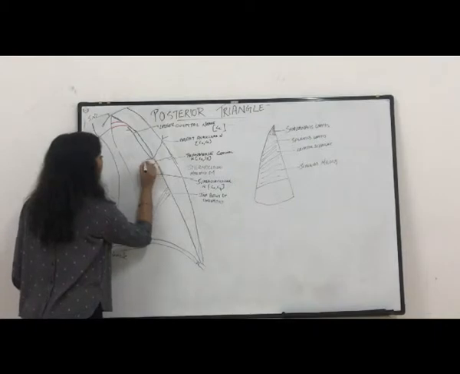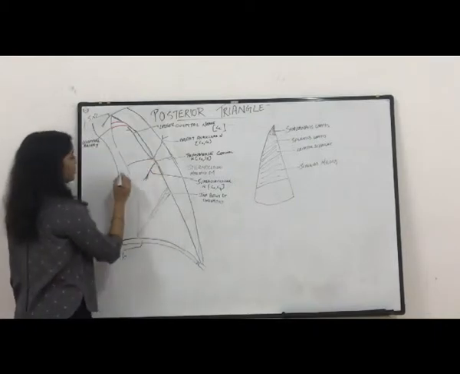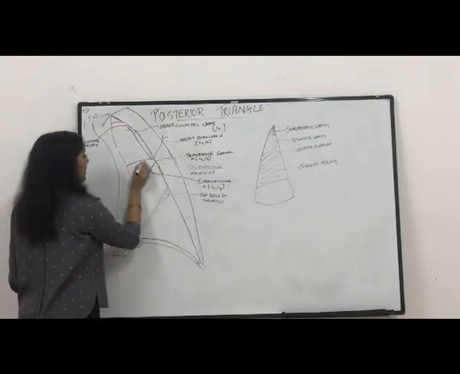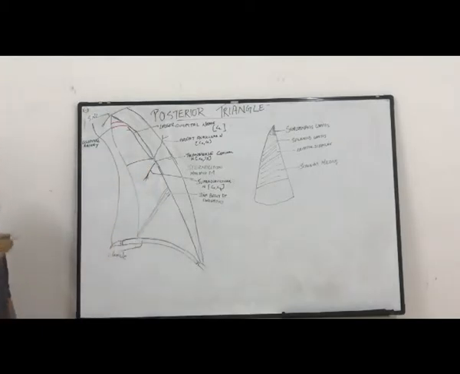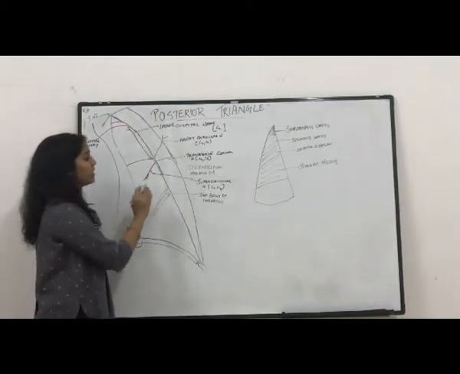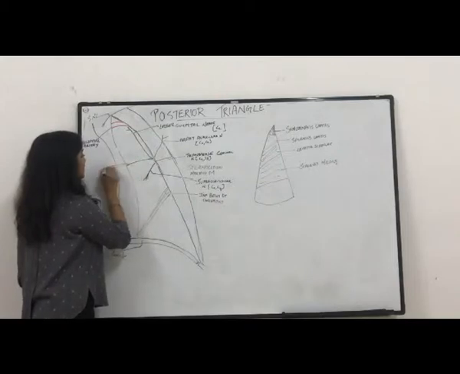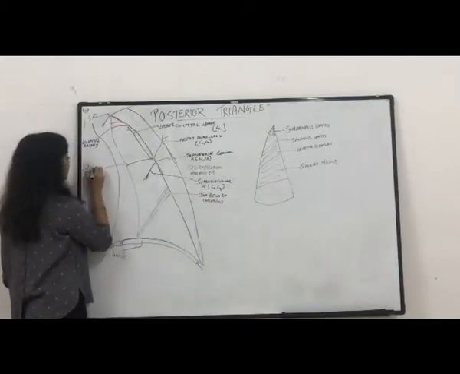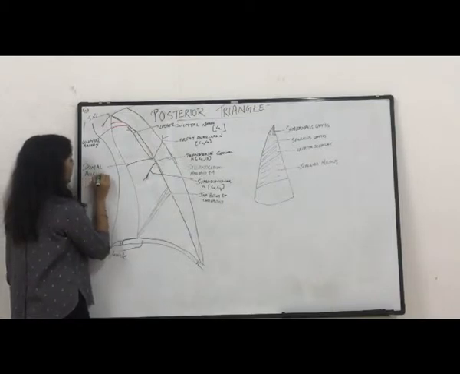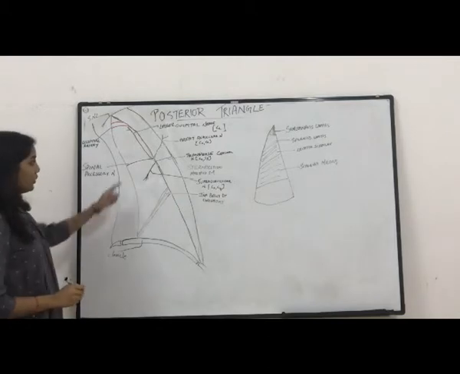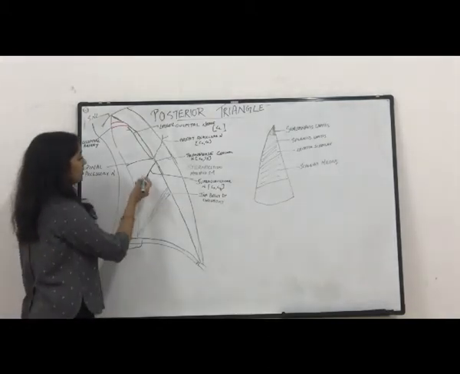Over here is the spinal accessory nerve. This is the spinal accessory nerve, which is one of the very important structures of the posterior triangle.